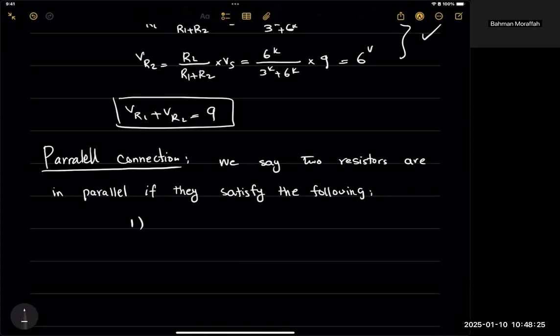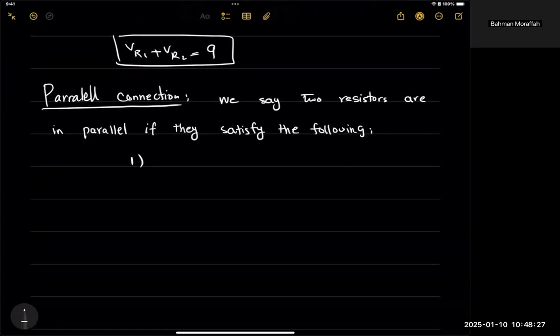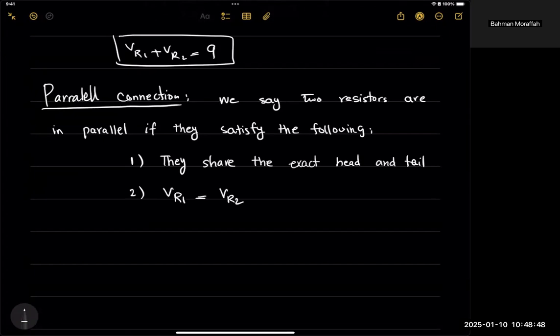First, they should have the exact same head and tail, so they share the exact same head and tail. Second, voltage across the first one should be exactly the same as voltage across the second.